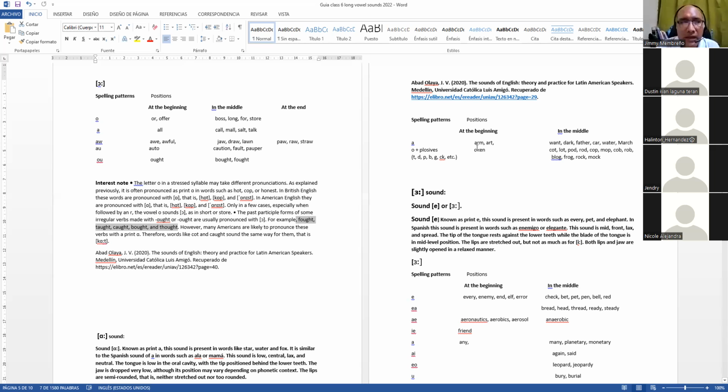At the beginning, we have, for example, the words arm, art. In the middle, we have the letter A in words like want, dark, father, car, water, march. So it's not a clear A sound like in Spanish, okay? Because it's a little different.